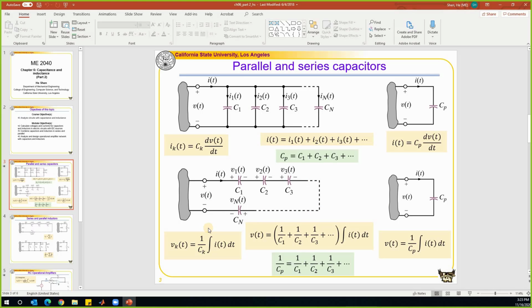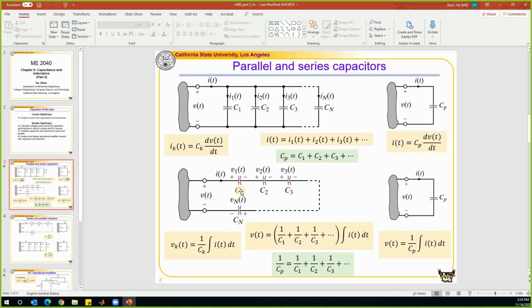From the basic definition, current I going through a capacitor is equal to C times dV over dt. And if we calculate the voltage, that will be equal to 1 over C times the integration of current I dt. From this voltage relationship, the first voltage on the left-hand side we can find from the equivalent network, which is equal to 1 over Cp times the integration of current dt, and this current is the same as this current.